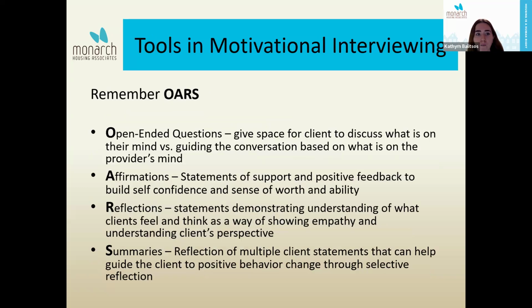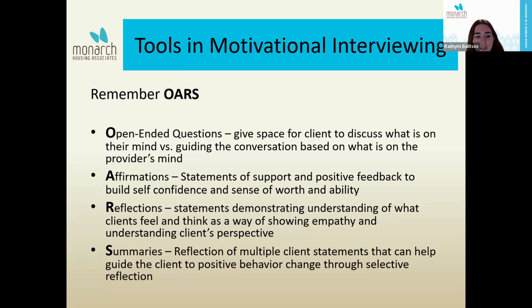So another tip to help in motivational interviewing is remembering OARS. O stands for open-ended questions. You want to give space for the client to discuss what is on their mind, versus guiding the conversation based on what's on your mind. A is for affirmations, so statements of support and positive feedback to build self-confidence and a sense of worth and ability.